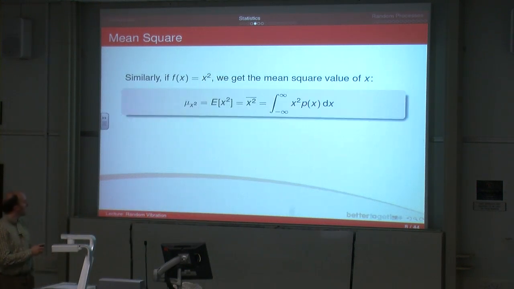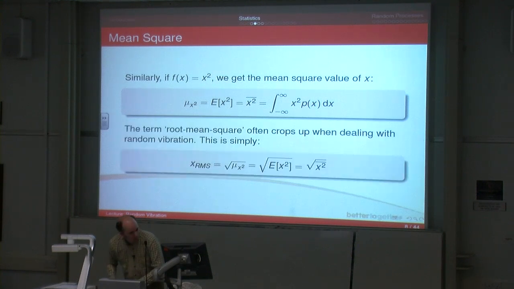Mean square value: you stick x squared into that function, and you get this term, the expected value of x squared. Then we come across this term called root mean square, which you've probably heard before. It's a statistical measure of the magnitude of the varying quantity.